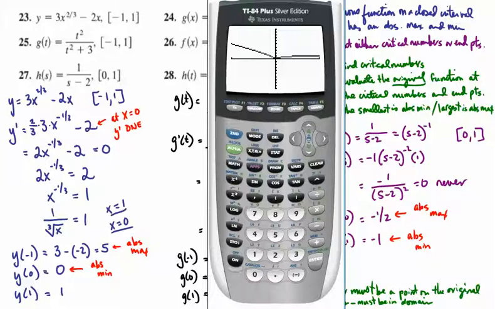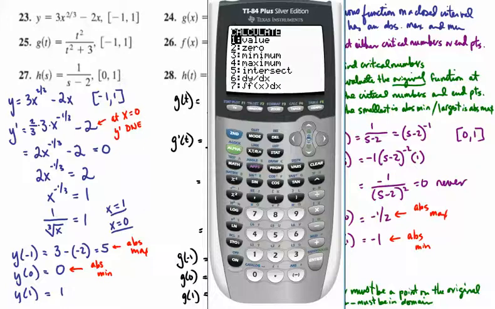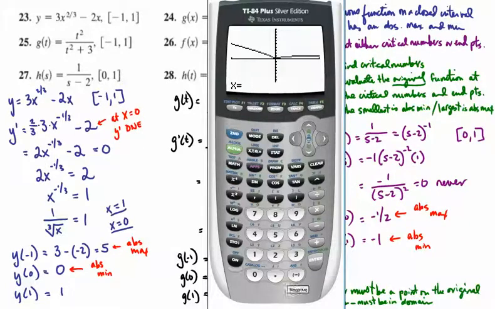Now, we're looking for the highest and the lowest points on the graph on that interval. And you can see that they occur at the left-hand endpoint. That's our max. And since the left-hand endpoint is negative 1, we can do second calc value negative 1 and get 5. And that's exactly what we got over here for our absolute max.